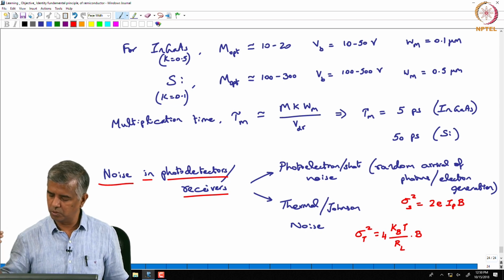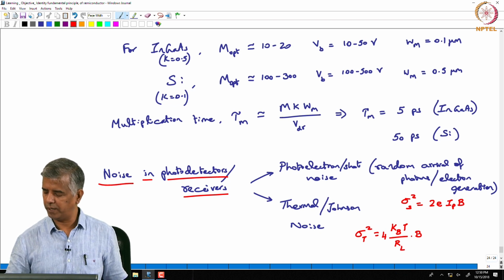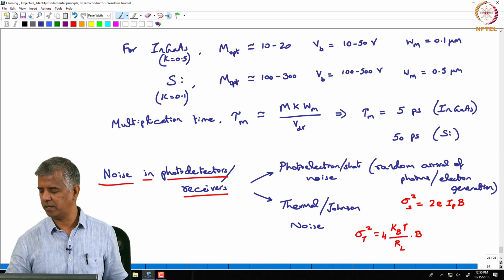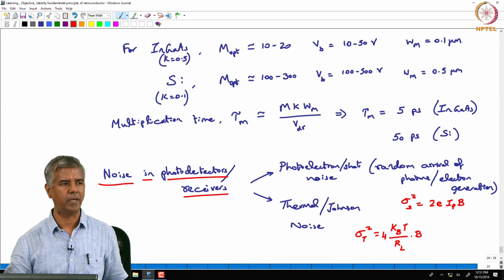What we want to proceed with is to quantify this shot noise. For a PIN you can write it like this, but for an APD it also depends on the gain of the APD.